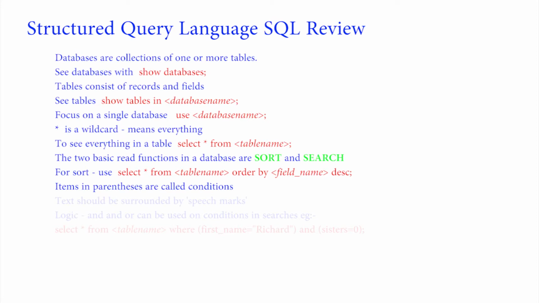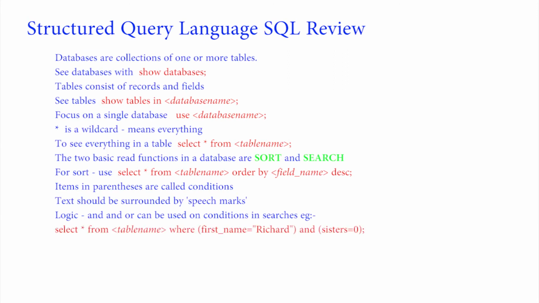Numbers remain unchanged, but speech marks must be included around text. We can also use logical operators and or to the conditional statements to form more complex statements. Select star from friends where brothers equals 2 and sisters equals 0, please. In the next video, we'll learn how to create a database.